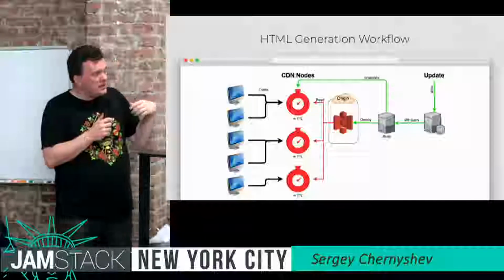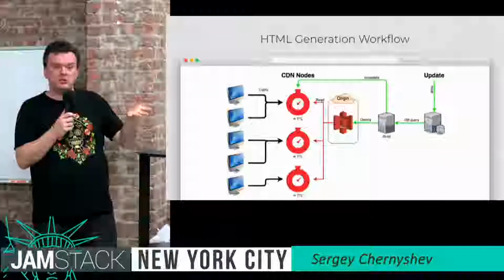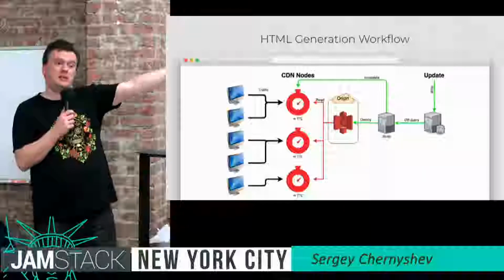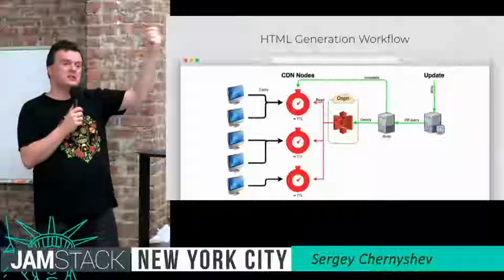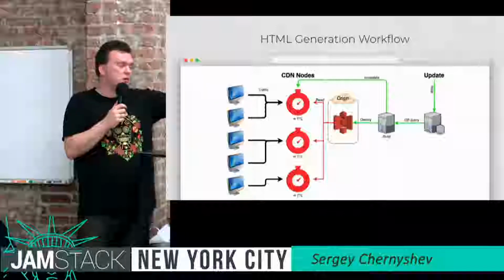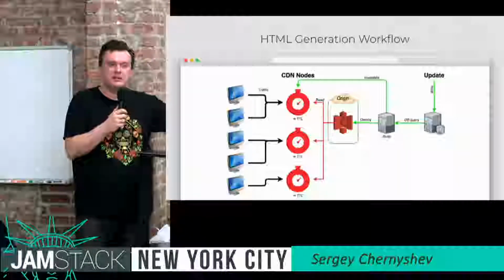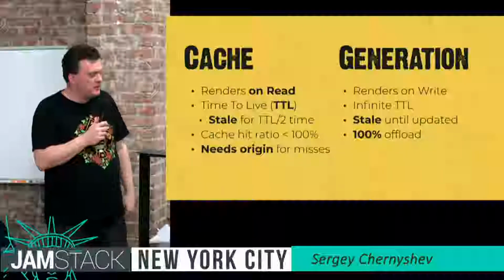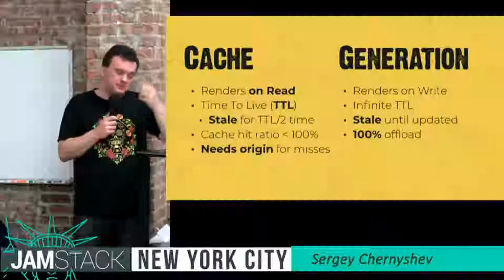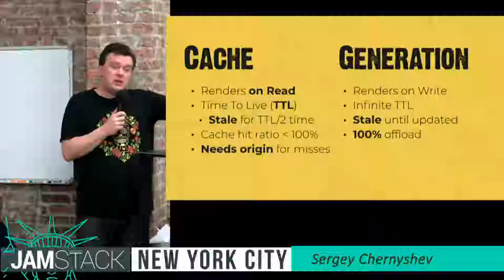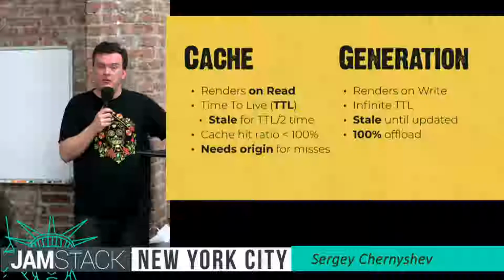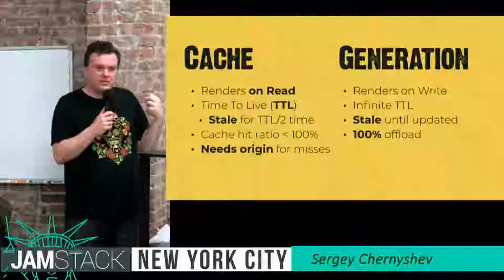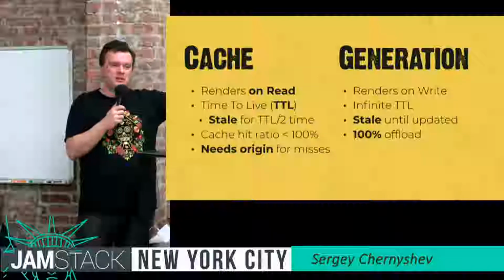In addition, because the generator knows which resources it generated and deployed, it can also use a cache invalidation technique, where it tells the CDN to forget the old resource, invalidate it. Because of that, the time to live can actually be infinite. So if you compare the two techniques, cache renders on the read scenario, basically like non-cached resources. It does remember the result, but when it's read, that's when calculation happens.